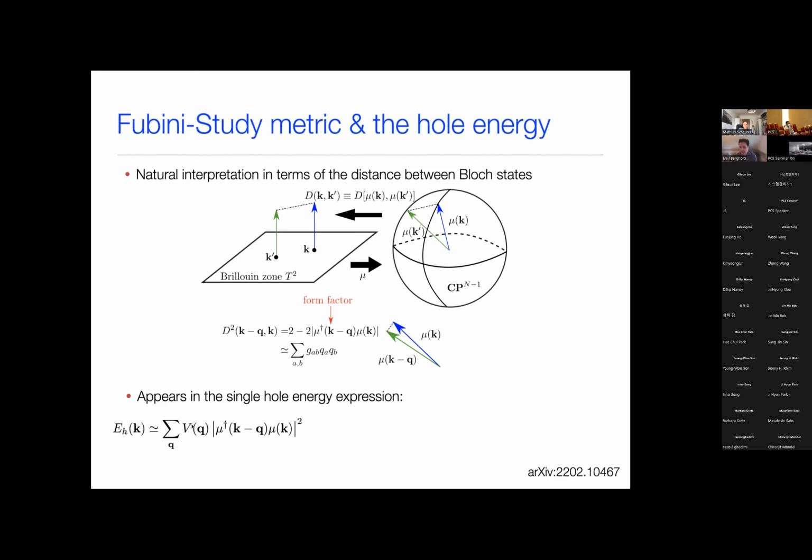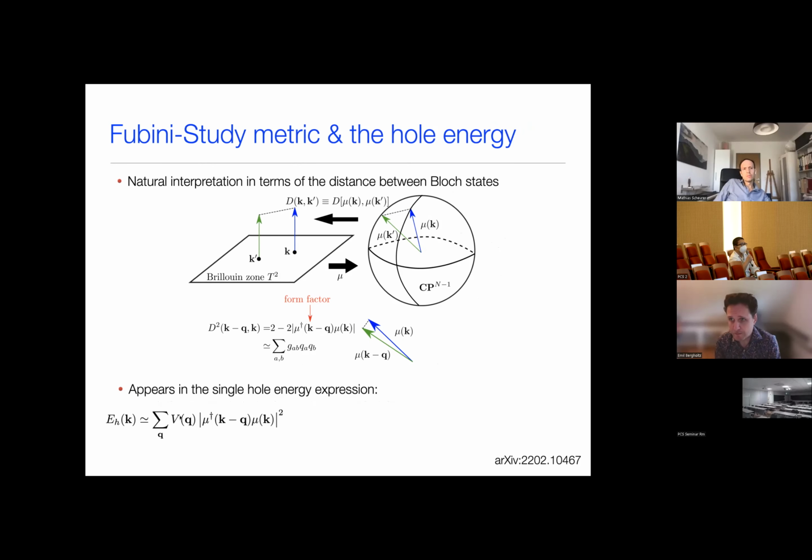So that means it's not easy to write everything in momentum space. If you do this exactly, it's not easy to write the interaction in momentum space because you need to project the wave function to the flat band first, and how do you do the form factor in this way?